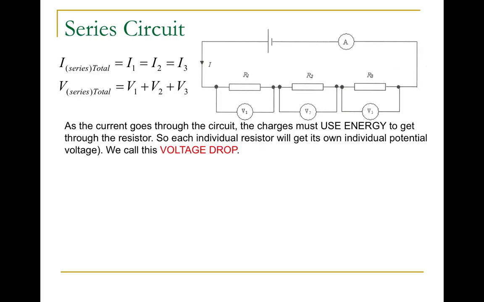The last thing we talked about was the resistance. As a current goes through a series circuit, the charge must use energy to get through the resistor. So each individual resistor will have its own potential difference. We call this the potential drop because it's taking the energy away.